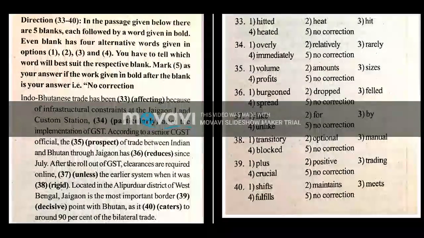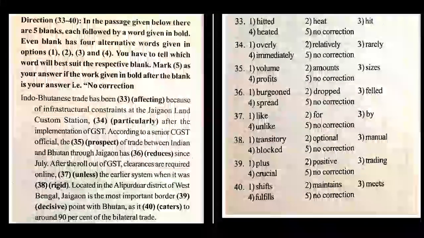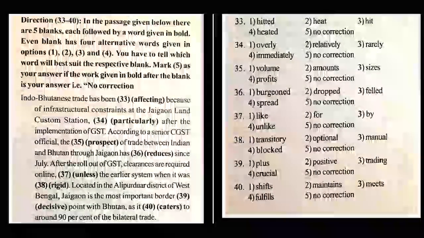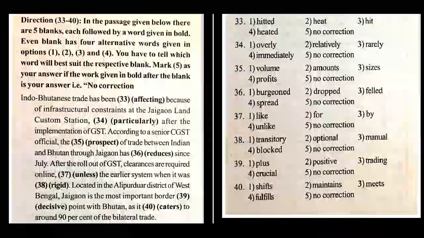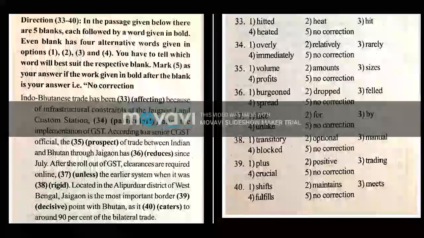dash to around 90% of the bilateral trade. As you can see, Jaigan, which is the most important border point between India and Bhutan, constitutes the bulk of the bilateral trade between the two countries.